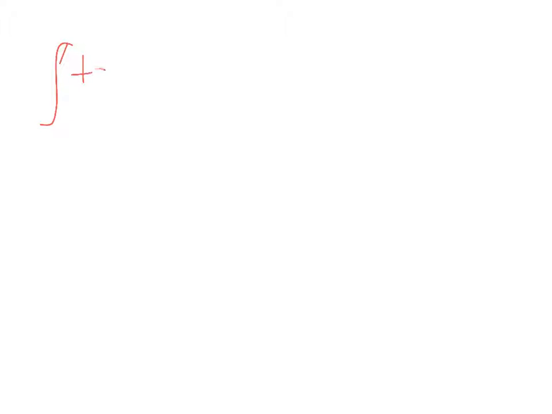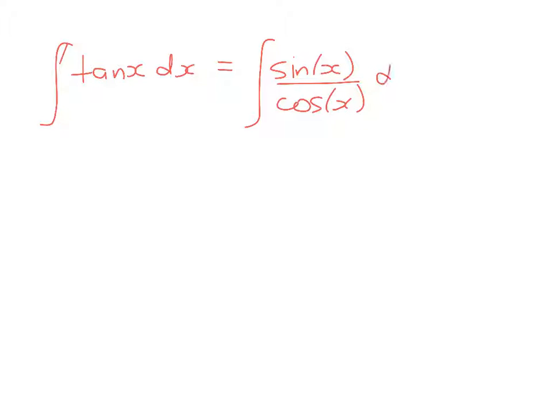So what's the integral of tan x with respect to x? Well, tan of x is equal to sine of x over cosine of x dx. The reason I've resorted to doing that is because tan x is not the derivative of any of my basic trig functions, so it's not going to be as easy as if I had a cos x or a sine x.